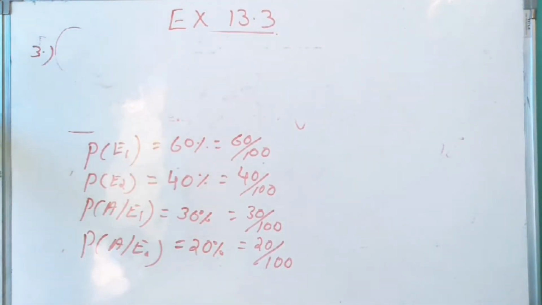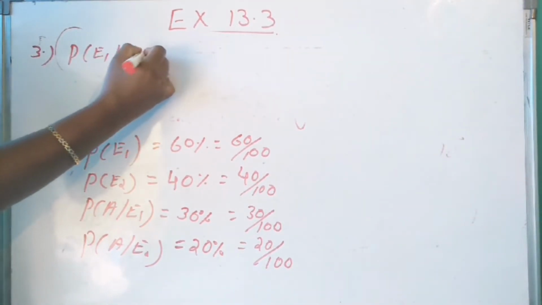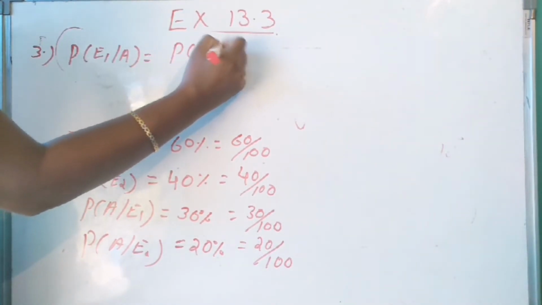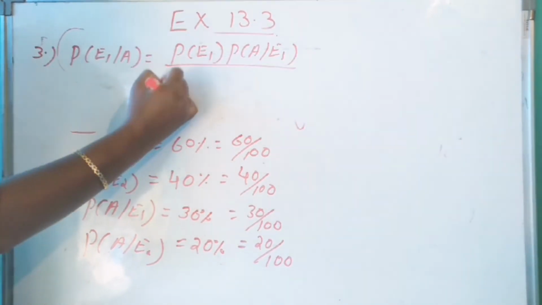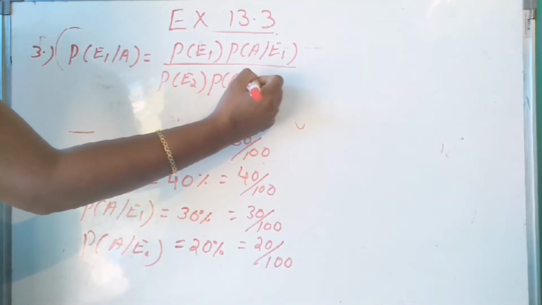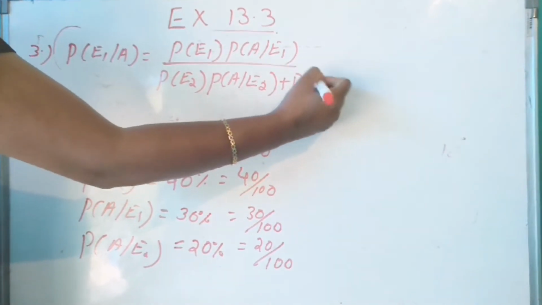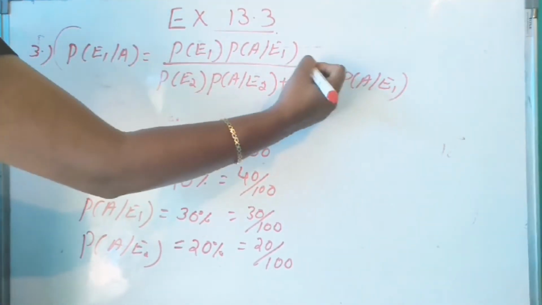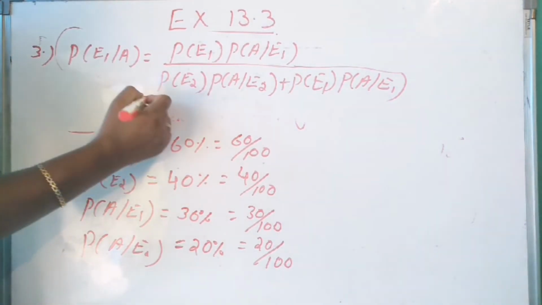By using Bayes' theorem, P of E1 given A is equal to P of E1 into P of A given E1 divided by P of E1 into P of A given E1 plus P of E2 into P of A given E2. Now just substitute the values.